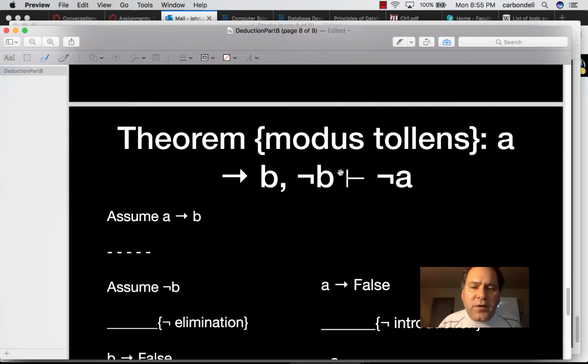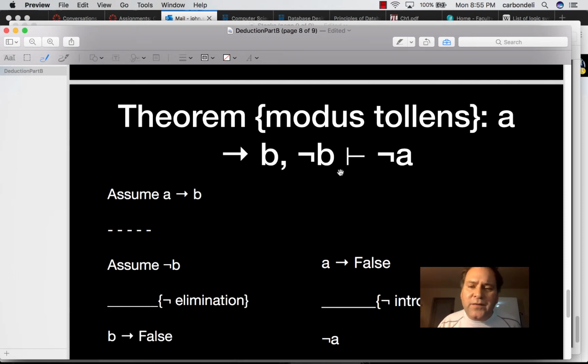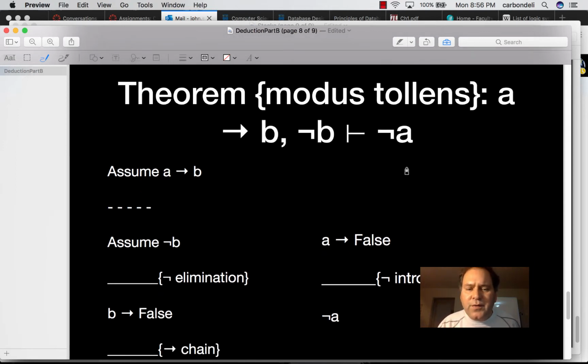And here we have modus tollens, which states if we can assume as true that A implies B, and that not B is also true, this shows that not A is true. So at the start, here at the left, we assume A implies B. Then we make the assumption that not B is true, which would seem to indicate that B is false.